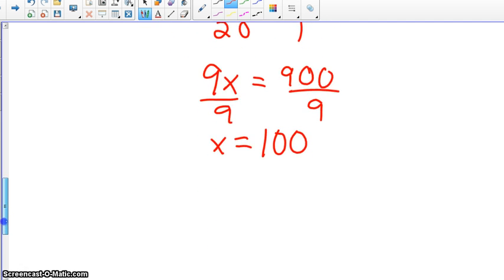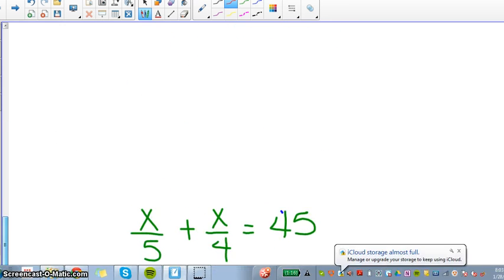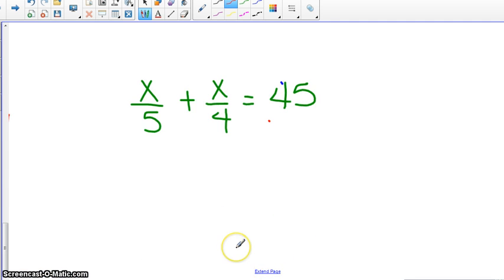Okay, but there's also another way to do it. Alright, so we're going to take that same problem, and we're going to move this down. Extend the page. There we go.